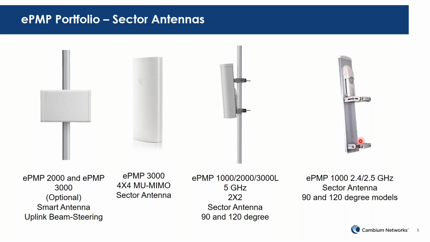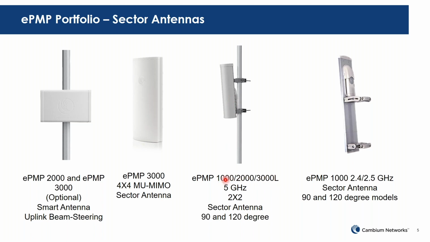So what you have from the right-hand side of the screen was the sector antenna that was used with ePMP 1000. And then we improved the antenna design, making it a little bit smaller and sleeker. So this still worked with ePMP 1000 access points, and these are the APs that it can work with.